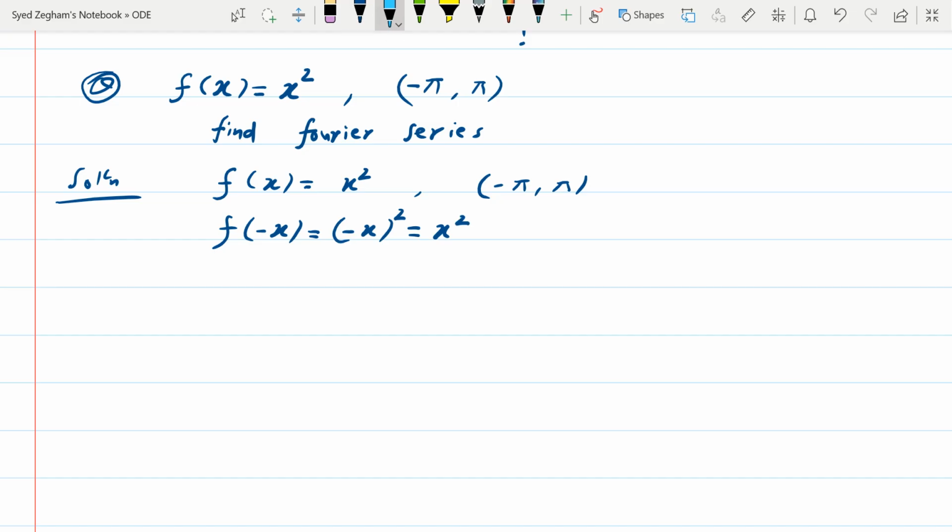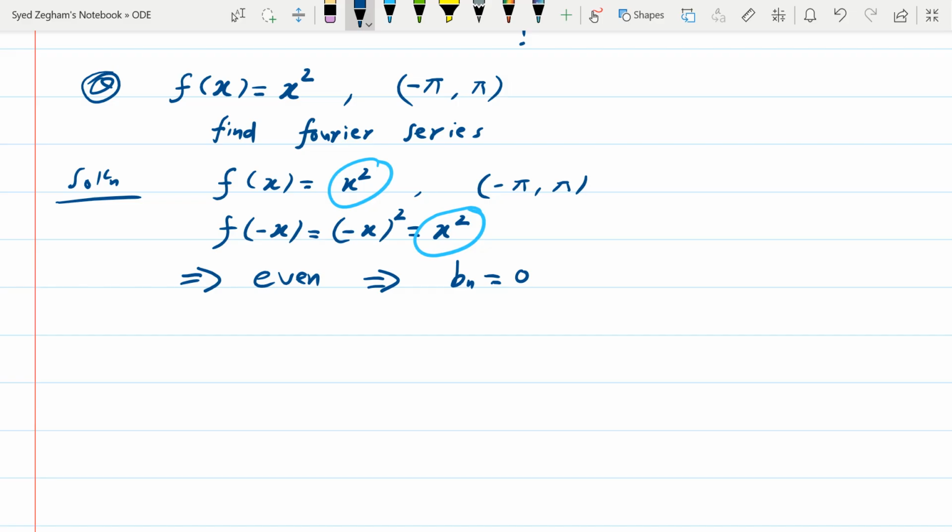So you have seen that f(x) and f(minus x) both are equal. It means that my function is an even function. And when we have an even function, bn will become equal to 0. So we need to calculate a naught and an.